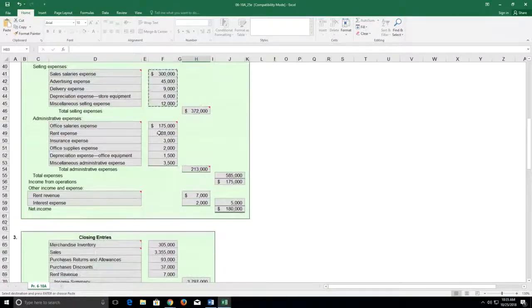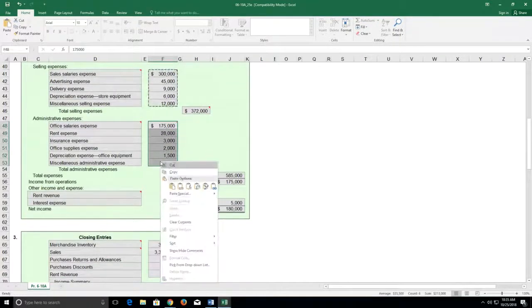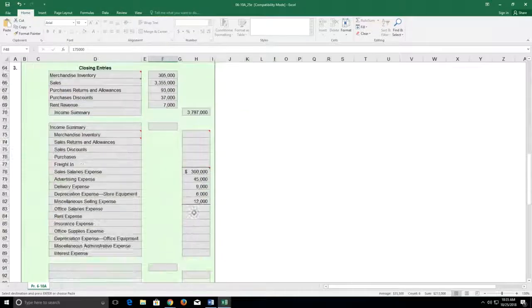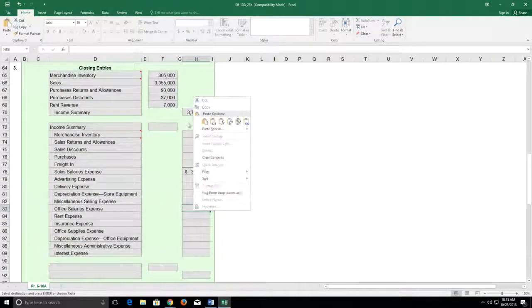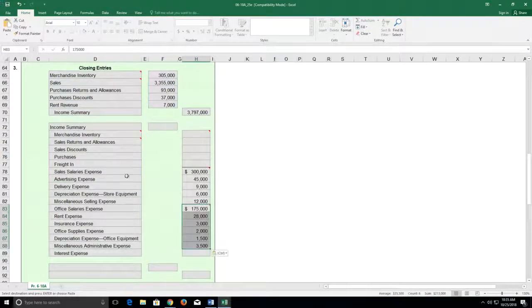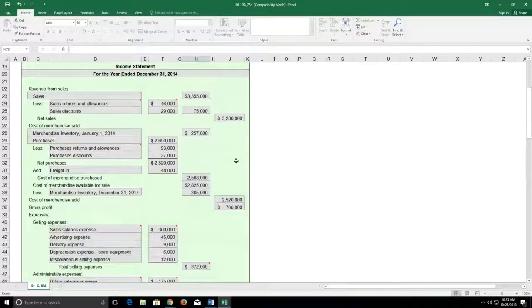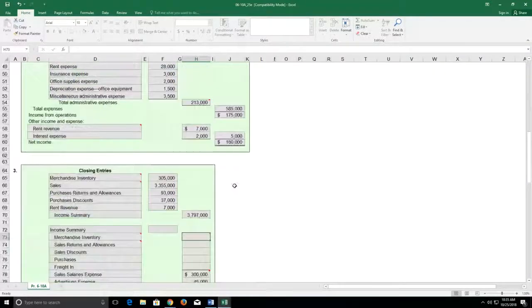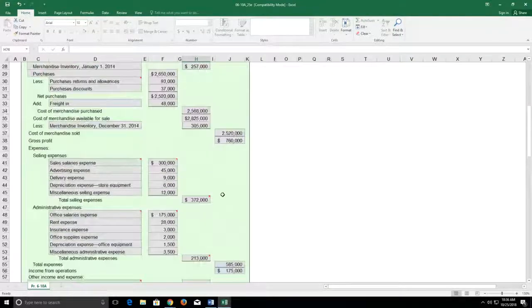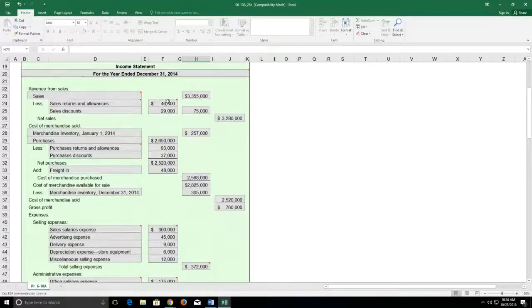Okay, and I'm going to go up and copy these down. So I just copy and I bring it down and paste. That was 2,000. Now I can go back up and get my merchandise inventory, which was 257. And sales return and allowance.